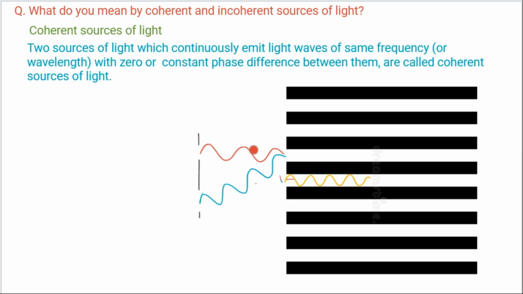Now in this case what you notice is that the light coming from slits S1 and S2 have the same frequency. And the distance, this complete one cycle distance.